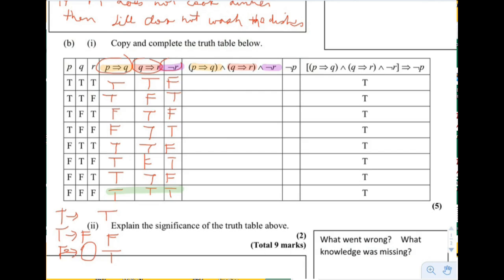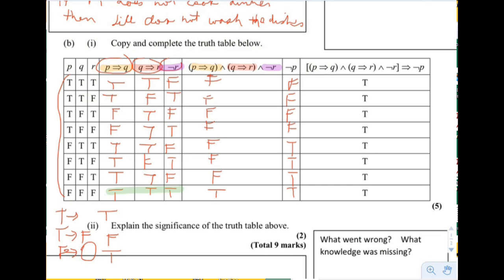None of the others have three truths. So this is true, this is false, false, false, false, false, false, false. Okay, then we do not P. That's an easy one. Not P would be just you take the opposite of all these. So the first four are false, and the next four are true.